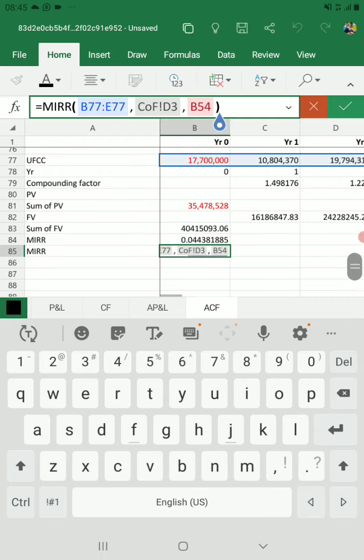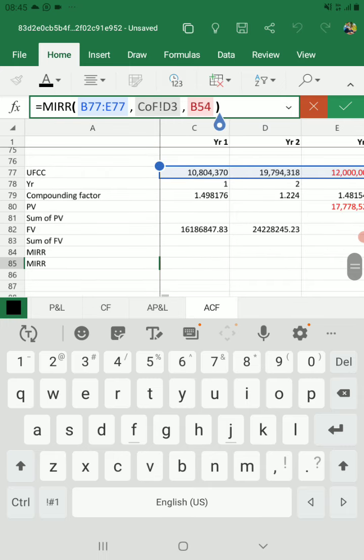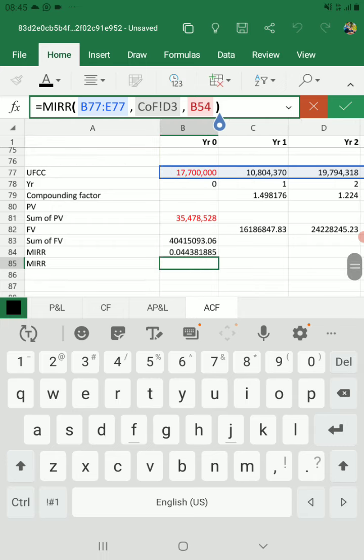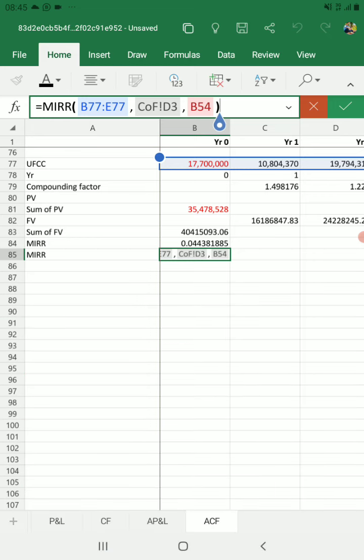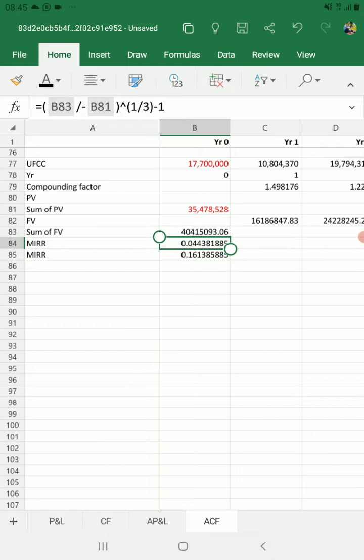For the formula, we took the values, which are these ones, and the cost of debt, which we picked there, and cost of finance. So that is what we did in our computation. So modified IRR, let's see what went wrong here.